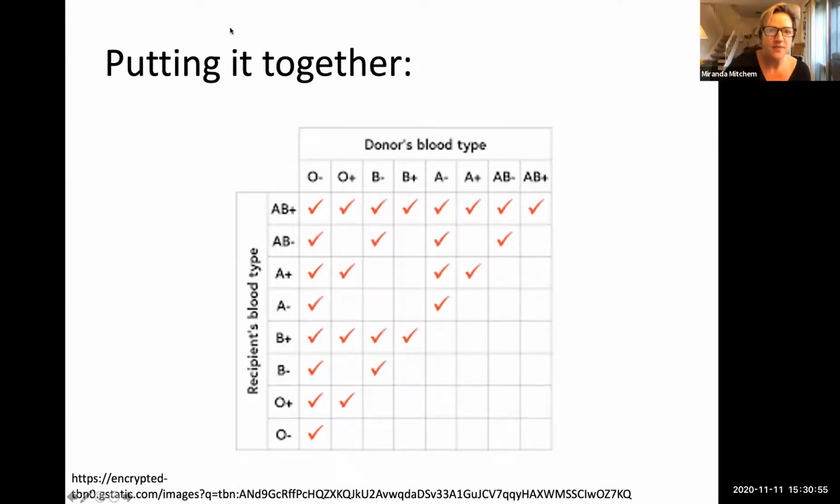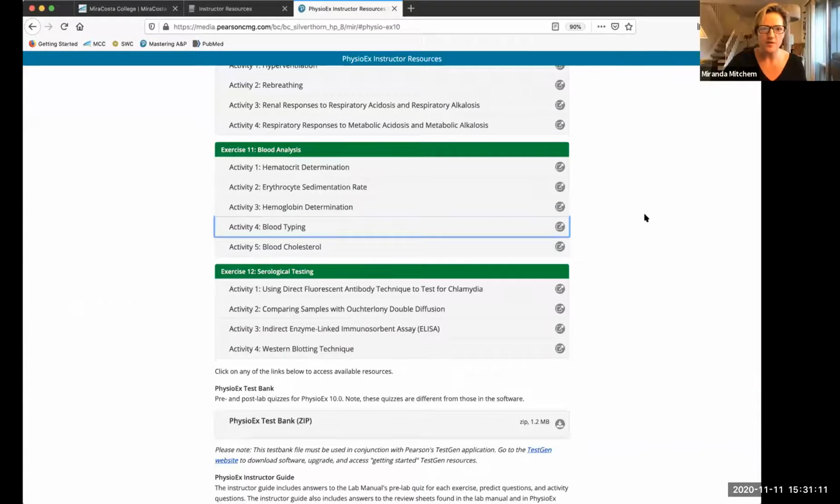Okay. Now let me switch over the share. I'm going to bring up the PhysioEx activities to do. It's actually just one activity. That way, for those of you who do not have PhysioEx, you can see it done here.